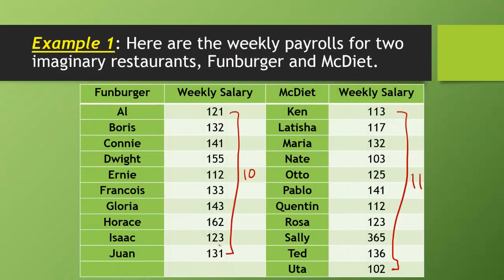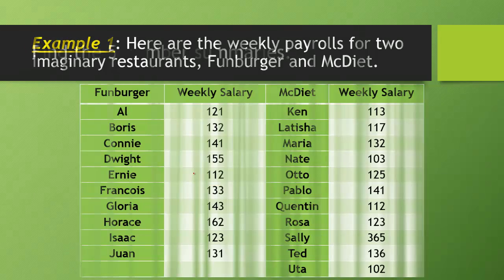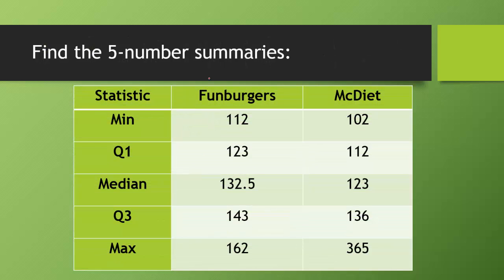You can see all this here. I rearranged all this so that it was in order from lowest to highest, for both of them too. So for Fun Burger, I had 112, 121, 123, 132, 133, 141, 143, 155, and 162.